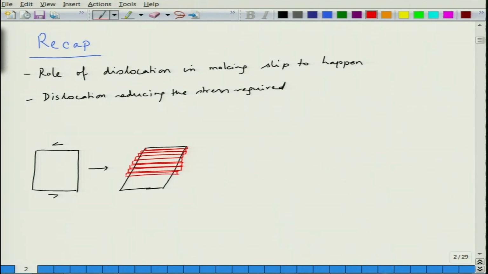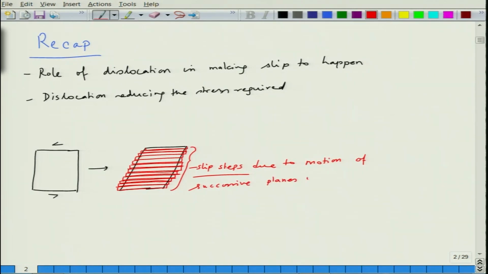I am sorry if I am not drawing it very well, but basically I hope you get an idea. So these are the slip steps on the surface due to motion of successive planes of atoms over each other.